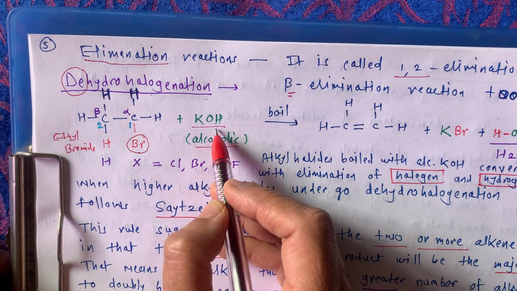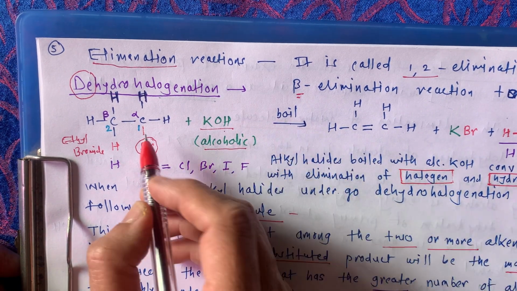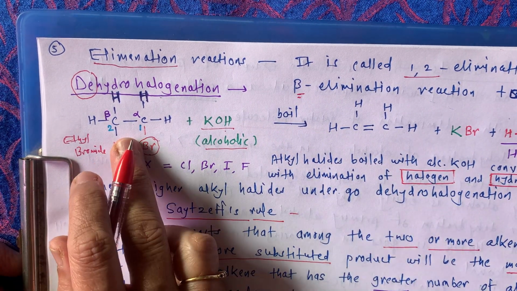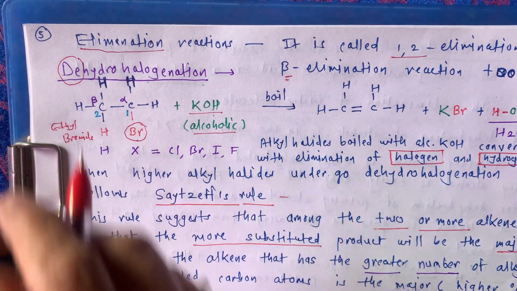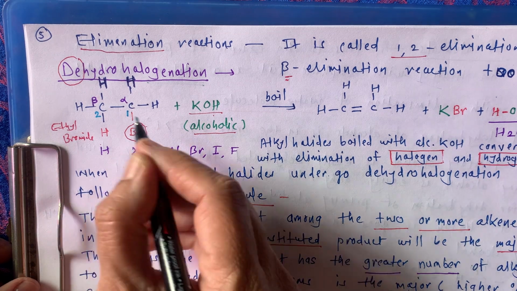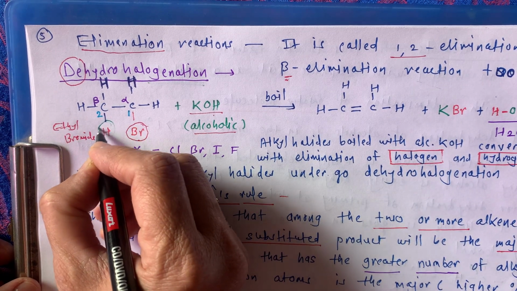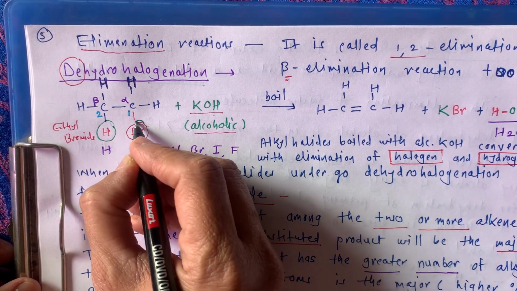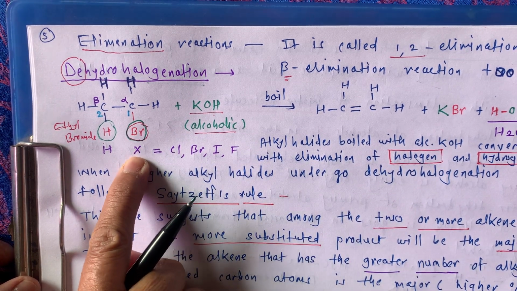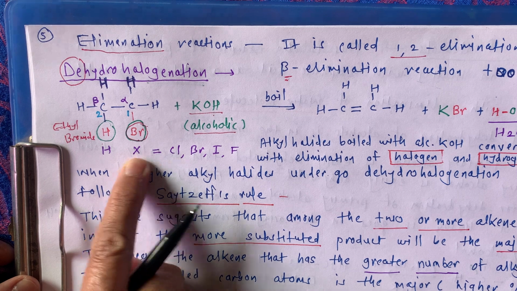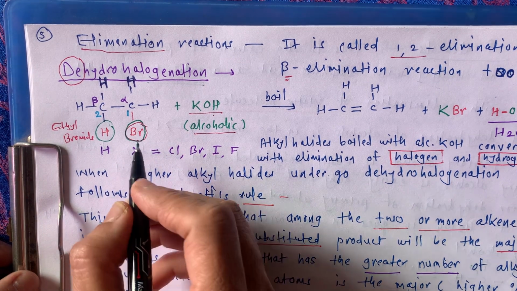When this is boiled with this alkyl halide, what is going to happen? There is removal of this hydrogen and the halogen. The general term for halogen is X. It may be chlorine, bromine, iodine and so on.